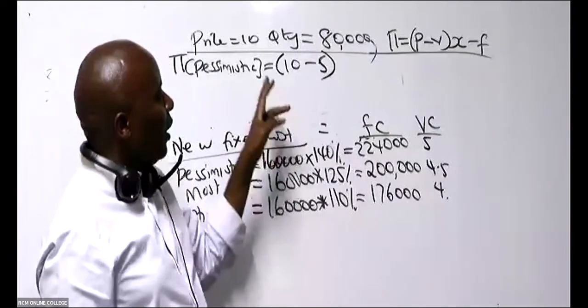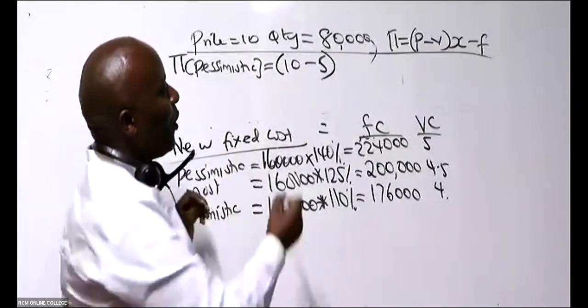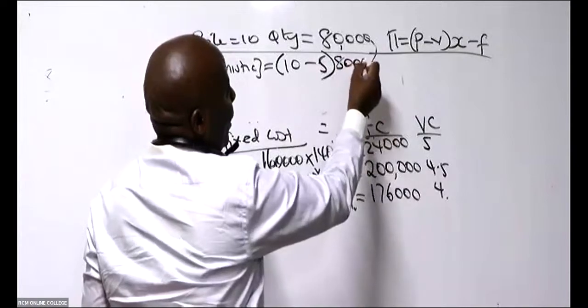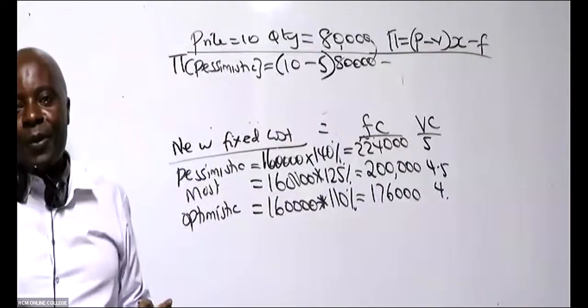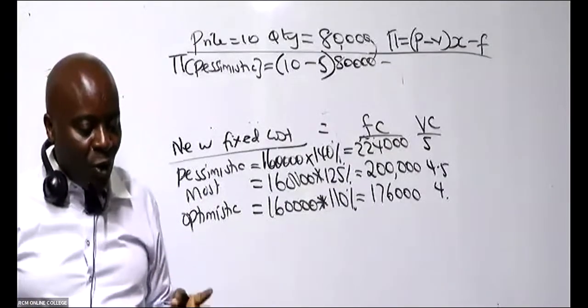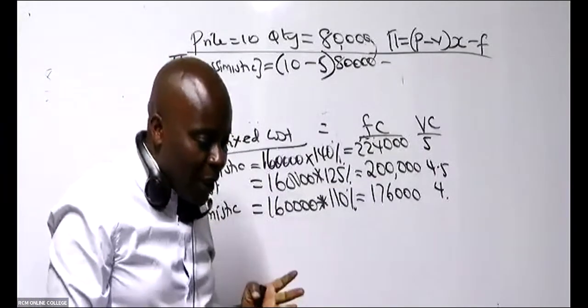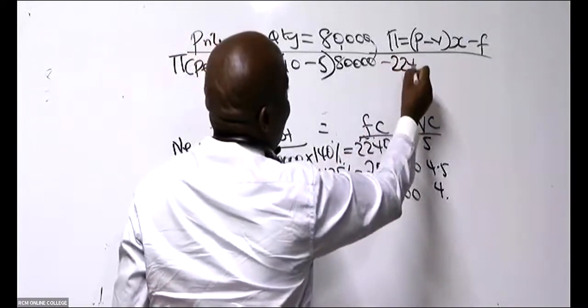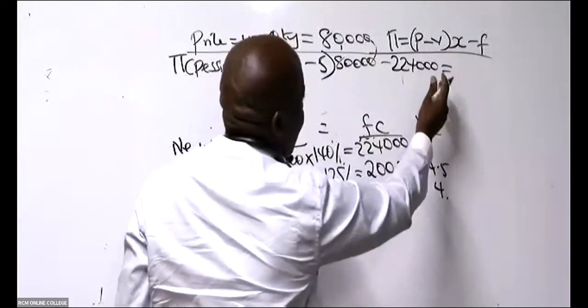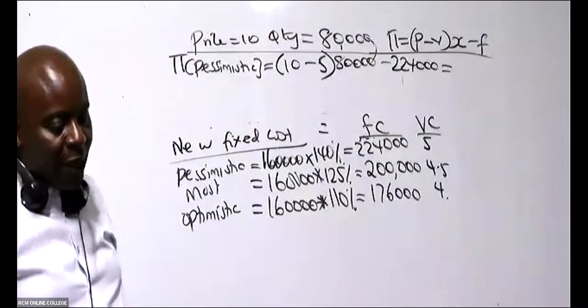You have said, if we charge a price of 10, the quantity will remain at what, somebody? 80,000. Do we know the pessimistic fixed costs? Anybody who is able to see the pessimistic fixed cost? The online guys are not seeing it. Pessimistic fixed cost is 224,000.